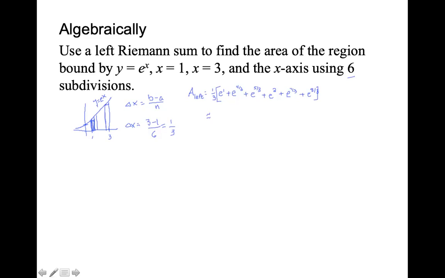So I'm going to have e to the 1st plus e to the 4/3 plus e to the 5/3 plus e to the 2nd plus e to the 7/3 plus e to the 8/3.